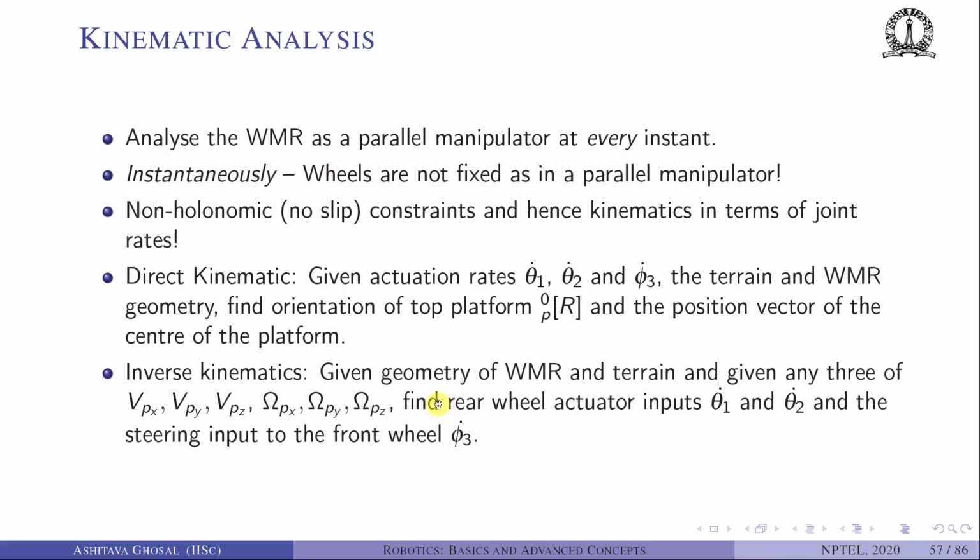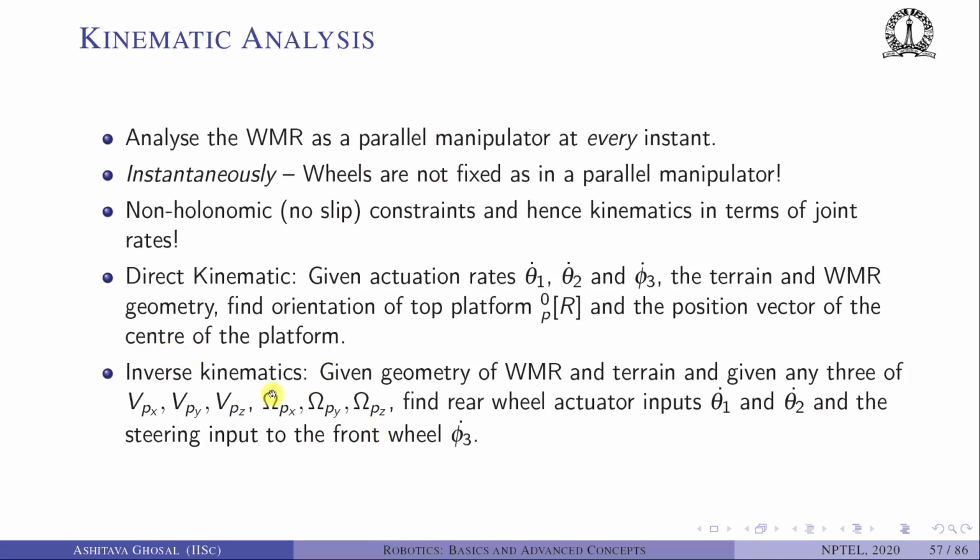In the inverse kinematics, we are given the geometry of the wheeled mobile robot, the terrain, and any three of Vx, Vy, Vz, and omega x, omega y, omega z. We know that it has 3 degrees of freedom. Remember, this is a 3 degree of freedom model.